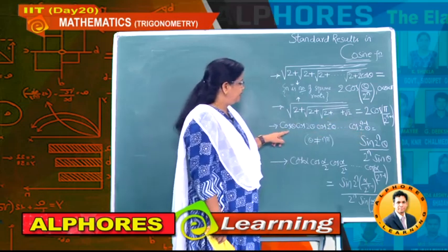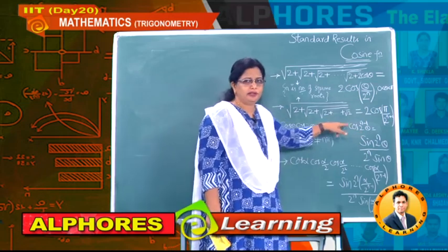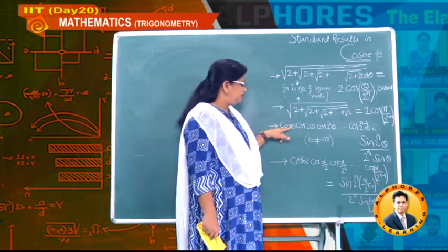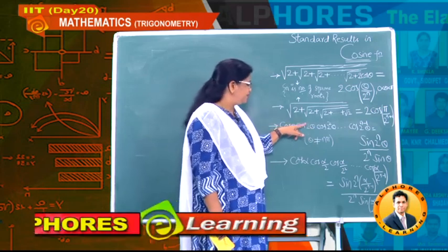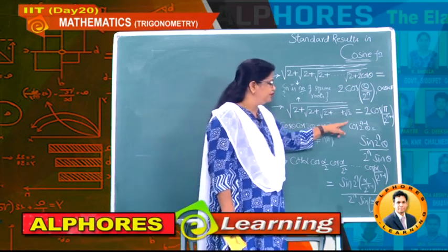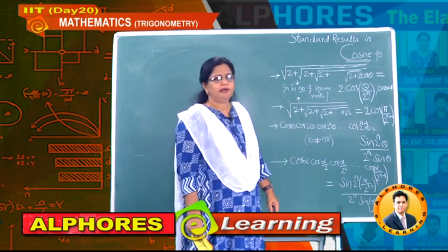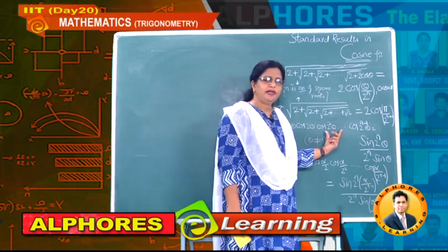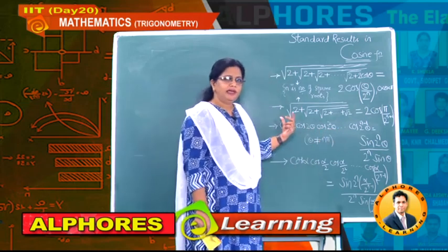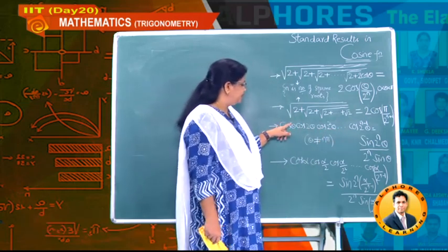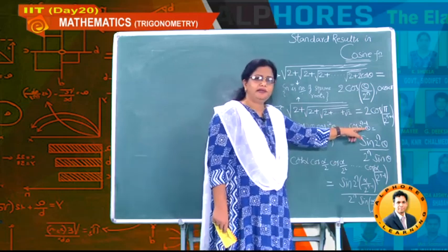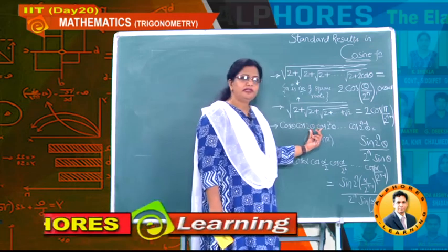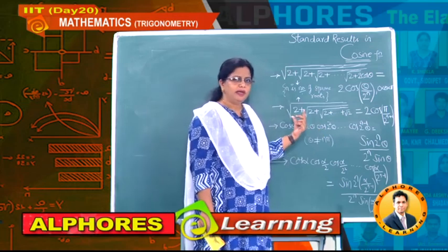Now whenever it is a continuous product, no term must be missed in the middle. So it should be consecutive: 2 power 0, 2 power 1, 2 square, 2 cube, etc., 2 power n minus 1. Now students, altogether how many terms are there on the left hand side? They are n in number, started with 0, 1, 2, etc., ended with n minus 1, and therefore the total number of terms on the left hand side is nothing but n.